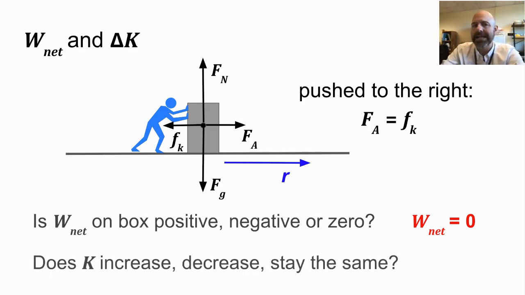So does that cause the kinetic energy to increase, decrease, or stay the same? Well, we know from force analysis that no net force means no acceleration or no change in velocity. And so that means the kinetic energy will stay the same if the net work is zero.